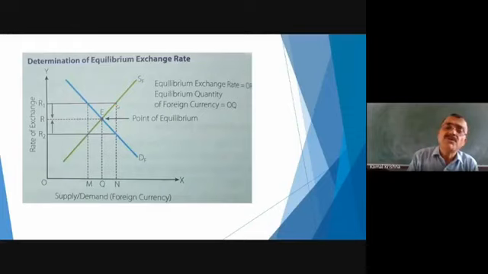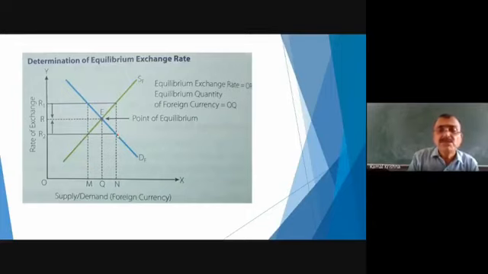Because the seller or the producer or the supplier has the benefit to supply the foreign exchange at the higher rate of foreign exchange. And if the exchange rate falls from R to R2, with the fall in exchange rate, supply will fall and demand will increase. Here it is depicted in this diagram also. So this is the determination of the equilibrium exchange rate.